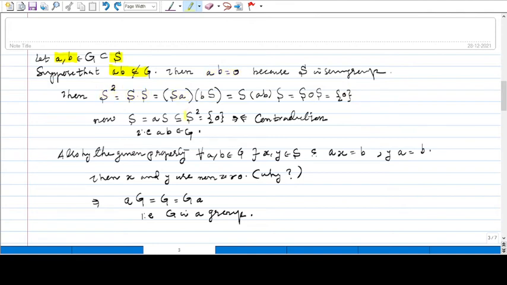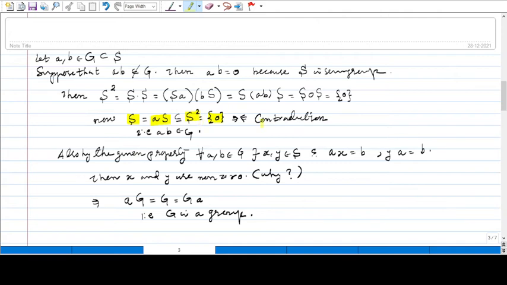If the closure property is not satisfied, we get S square equal to 0. What is the problem? Now S equals AS, which is a subset of S square, which is the singleton set 0. That means S is equal to the singleton set 0, which is impossible because S has at least two elements, since it is a semigroup with a 0.